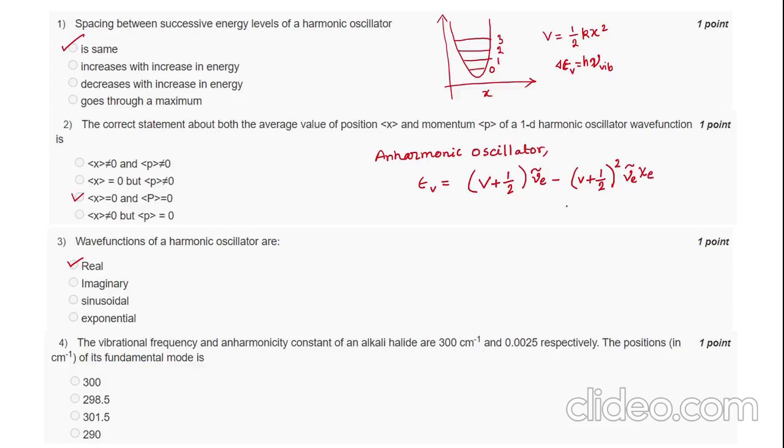If I would have used the frequency to get it in joules, I would have to write it in a different way. So you need to be very mindful about the units.